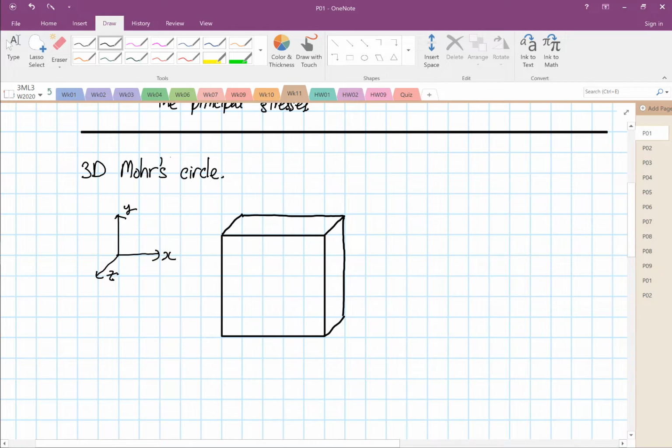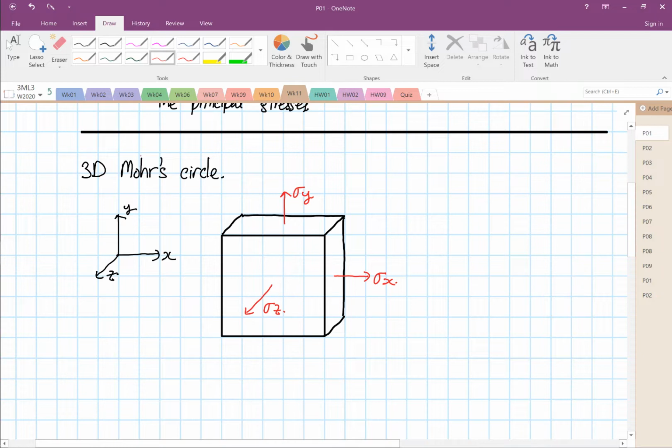Okay, right. So we know that in this direction, this is our stress x. This direction, this is our stress y. And in this particular direction, this is our stress z. Right?